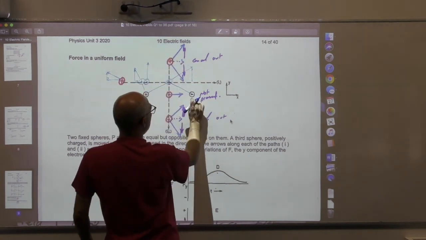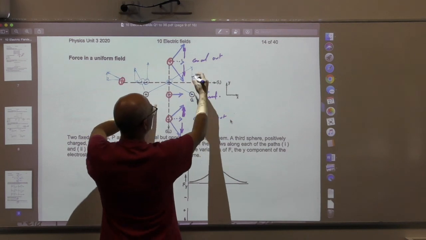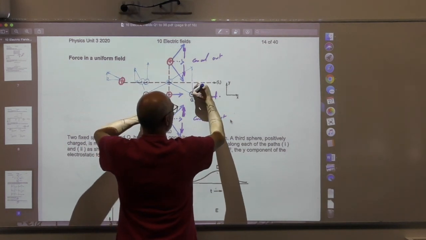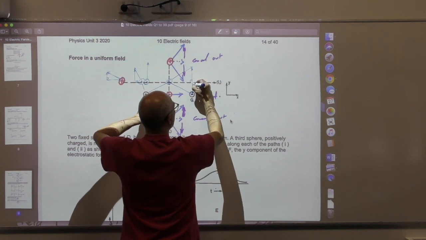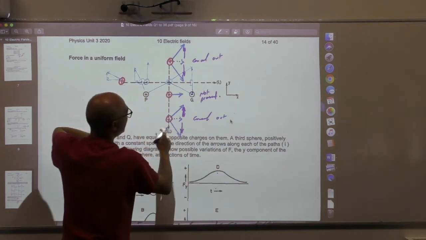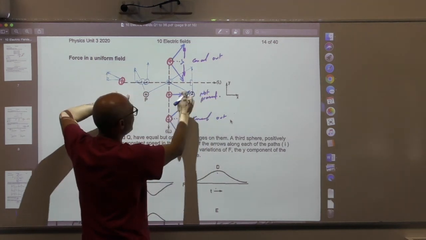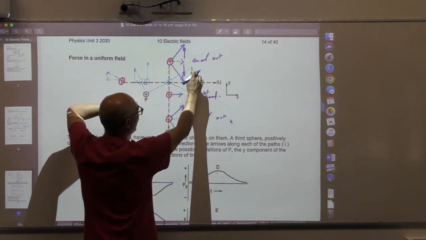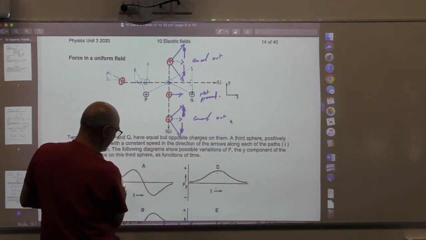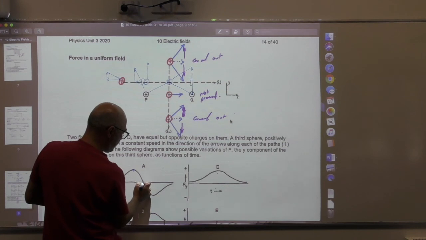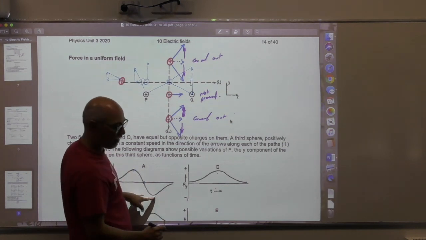So because they are equal charges, the y component at this spot cancels beautifully, with the attractive force from this guy and the repulsive force from that guy, explaining why this bit's right, this bit's right, this bit's right, but is this bit right?